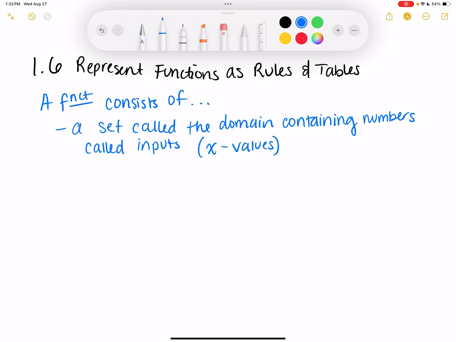So if you hear domain, they're talking about the x values of basically your function.